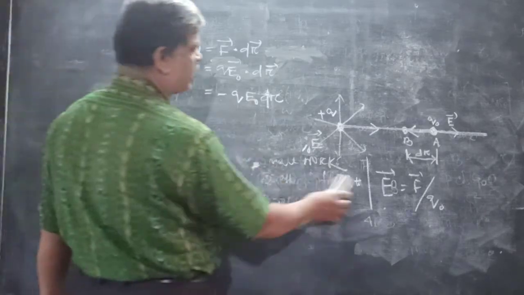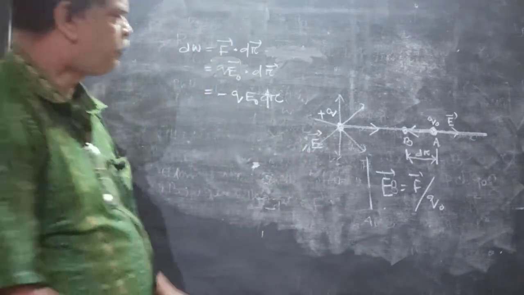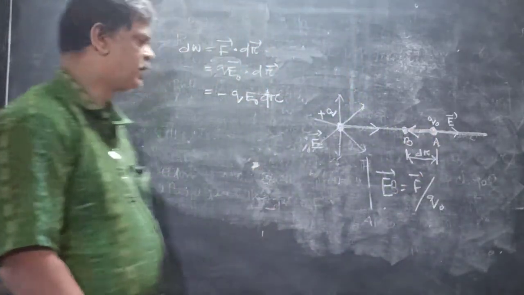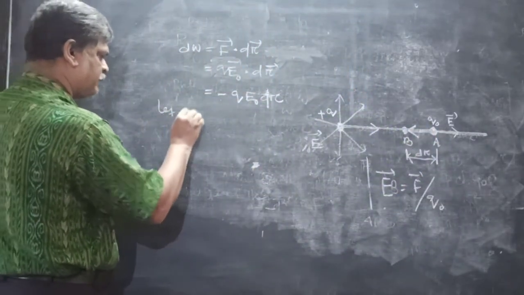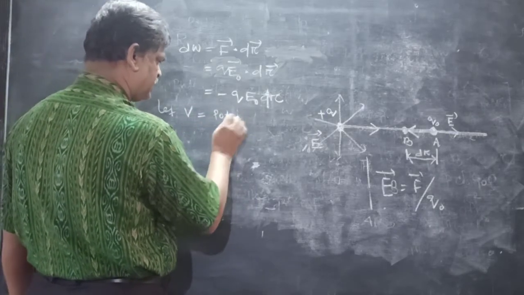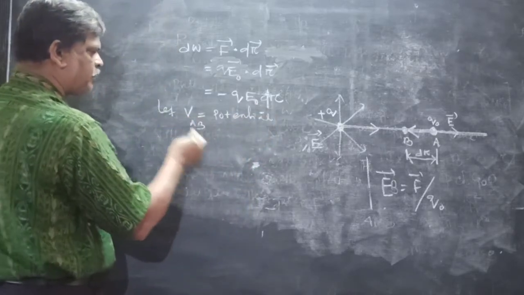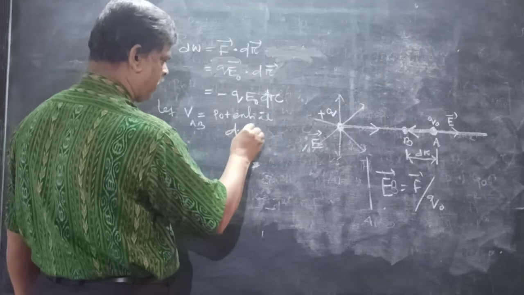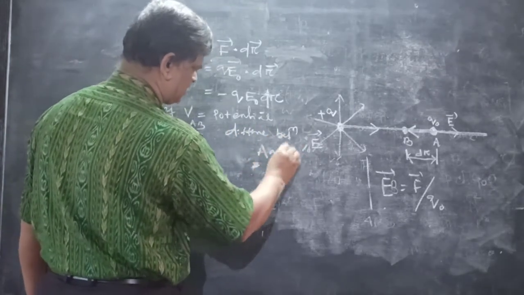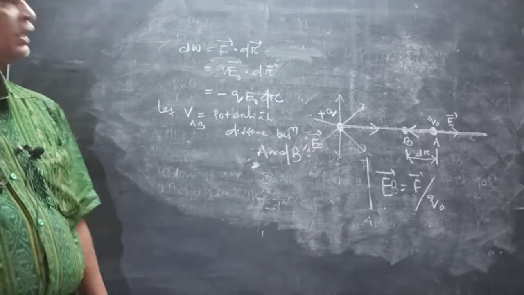This is the amount of work done to bring the charge from A to B. Suppose the potential difference between A and B is V. Let VAB be the potential difference between A and B. What is VAB?